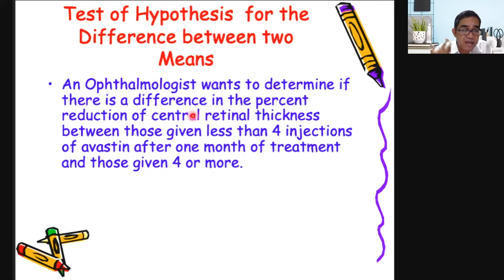So there will be a reduction in the thickness. That is one of the side effects of Avastin, which they normally inject intravitreally. And so this ophthalmologist wants to compare the difference in the percent reduction of the central retinal thickness among patients given less than 4 injections versus those given 4 or more injections after 1 month of treatment.